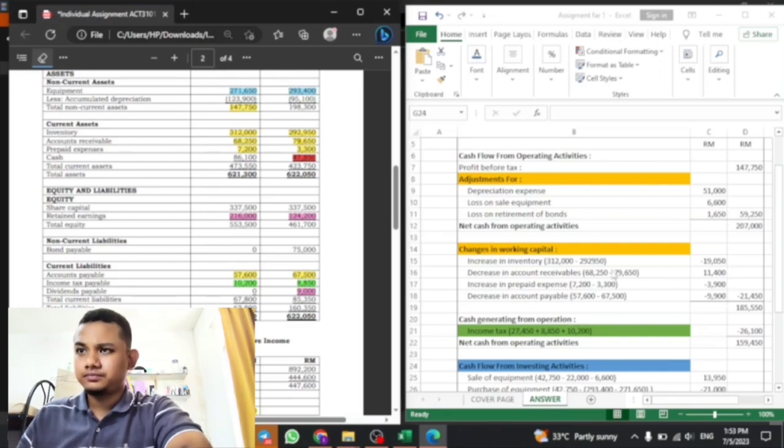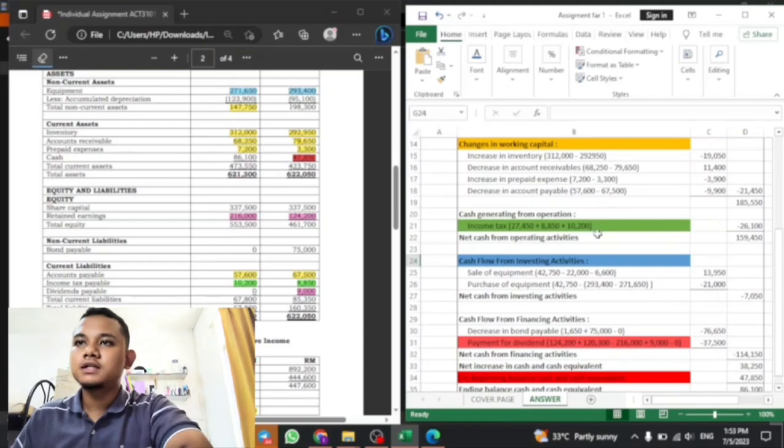After I sum all these items, I get RM21,450, and I add it to the net cash from operating activities, and I get RM185,550.